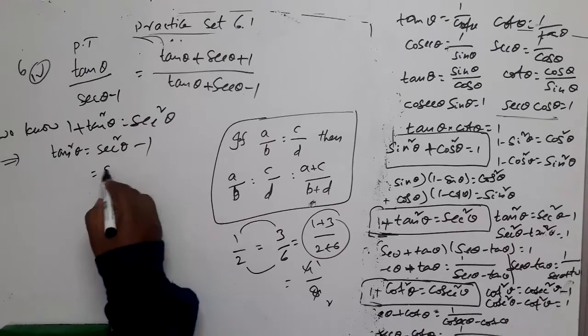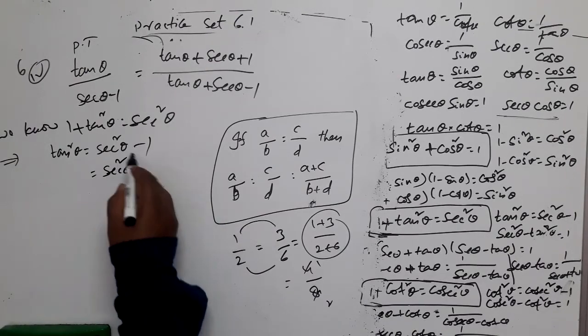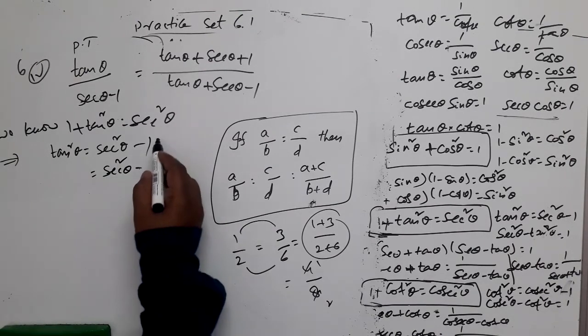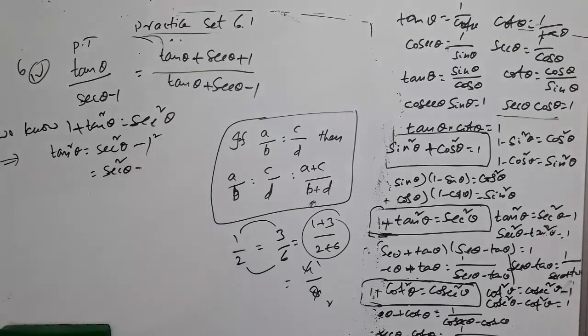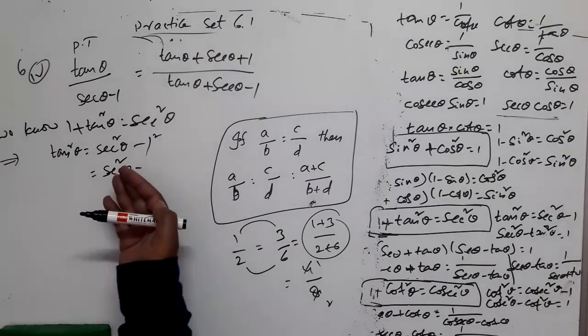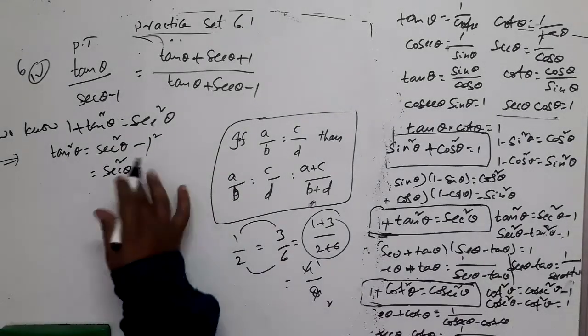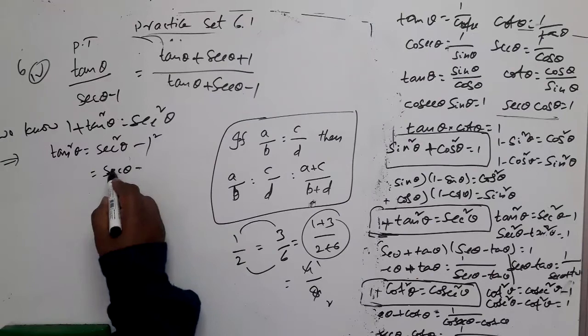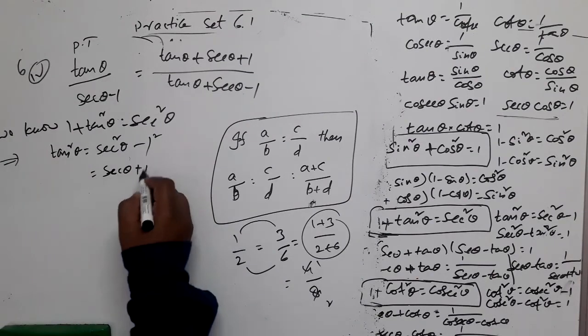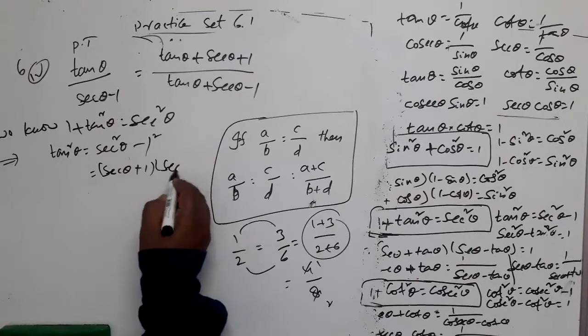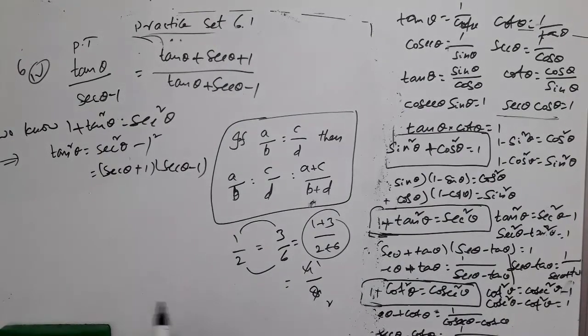Now I am able to see this as secant square theta minus 1 square. Why am I seeing it like this? Because this will be of the form a square minus b square, which is a plus b into a minus b. So I can use that formula: secant theta plus 1 multiplied by secant theta minus 1 I can write, right?